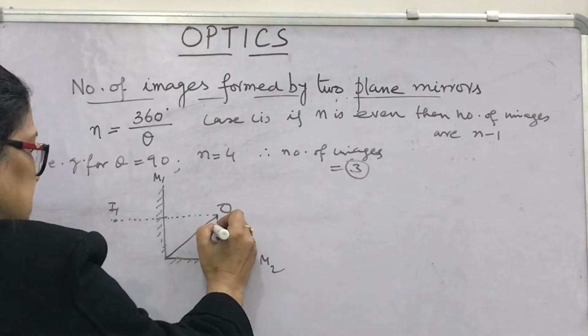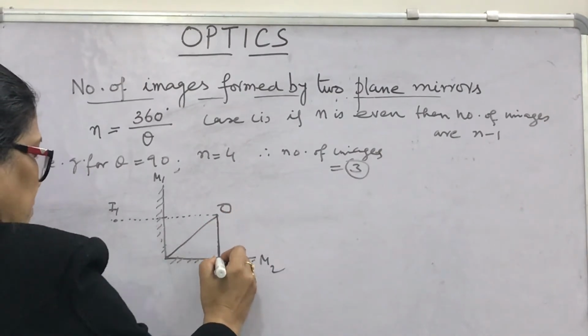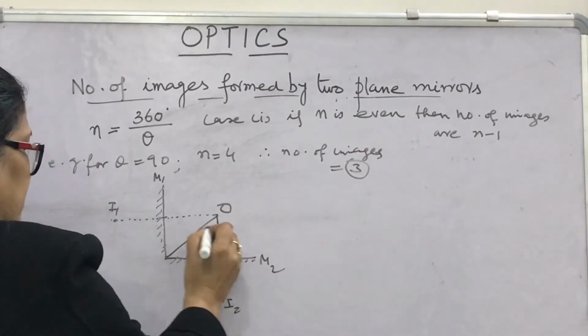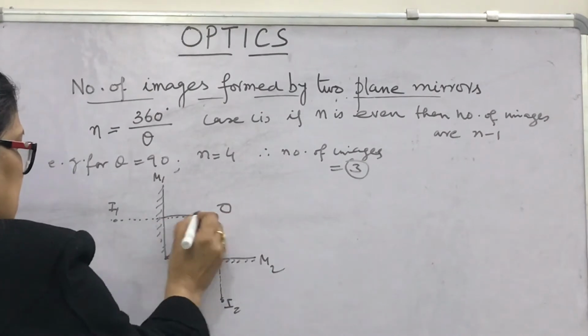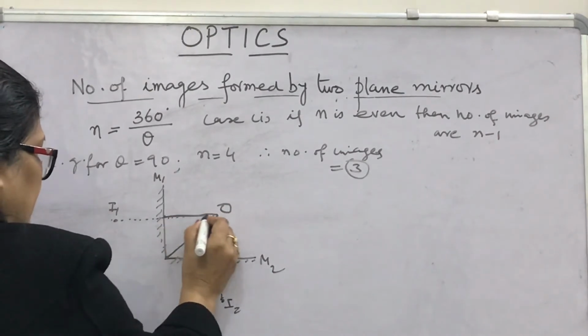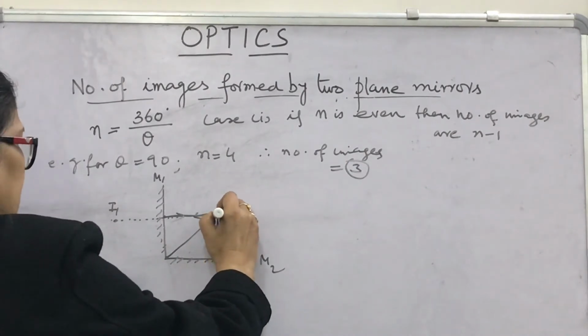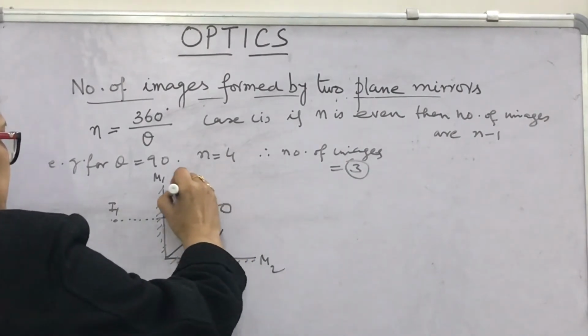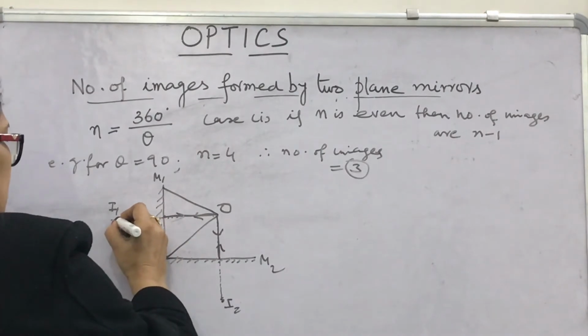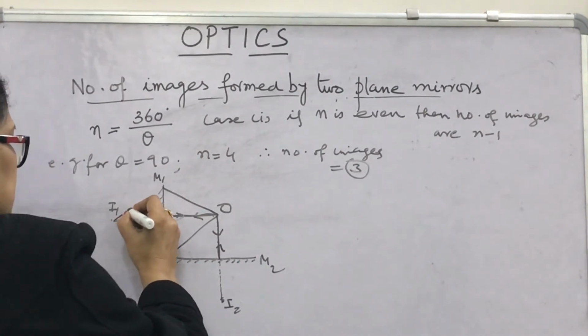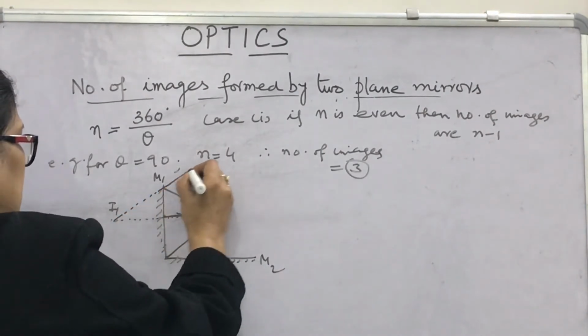How is this image formed? You can find the normal, the incident ray and the reflected ray, and here also the incident ray and reflected ray. Another ray which is moving toward this mirror is supposed to be reflected like this.